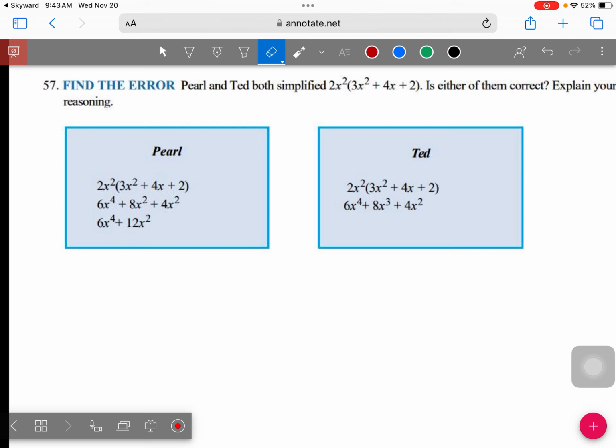Can anybody tell? Who is correct? Pearl is correct. Why is Ted wrong? Ted? Ted, what about Ted? Ted is correct. Why is Pearl wrong?